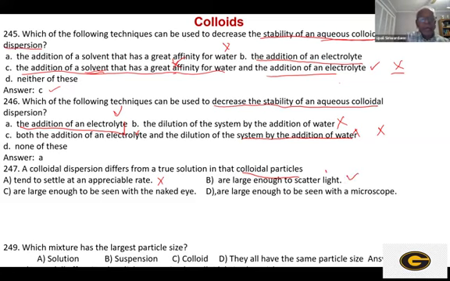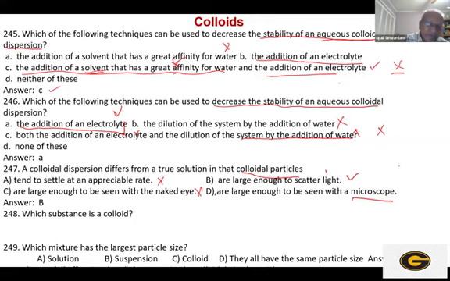That may be a difference between colloids and true solution. Are large enough to be seen by the naked eye. You cannot see them by naked eye or microscope. Colloid particles are too small. Therefore, the only correct answer is large enough to scatter light. B is the correct answer.